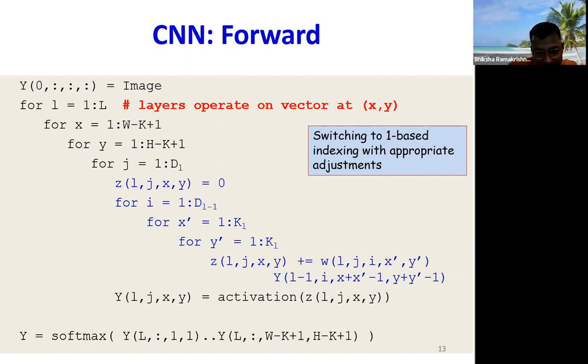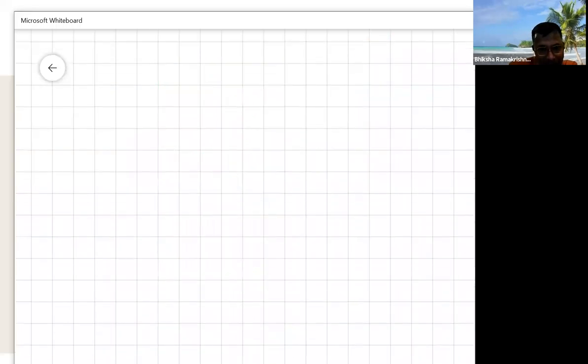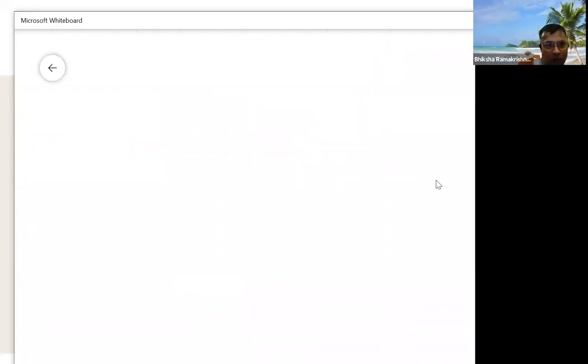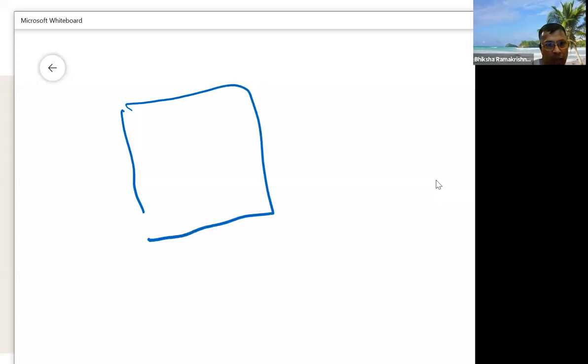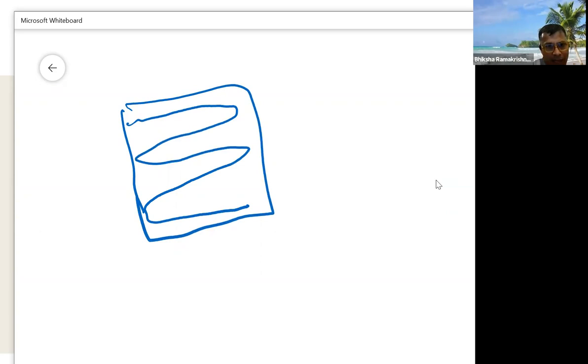But the key point is that as you go through the computation, you are scanning the input, and at each position you're performing a component-wise product of two terms and adding all of these up. The primary operation over here is of the kind z equals w y. This is from the previous layer, this is the filter, and this is the affine value.